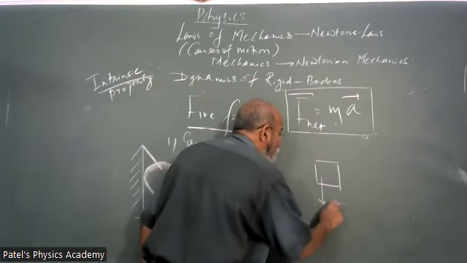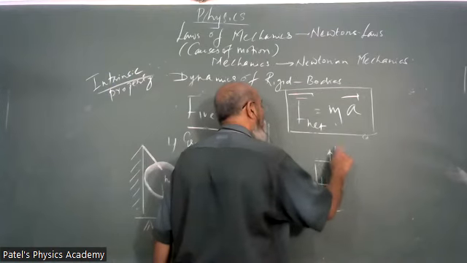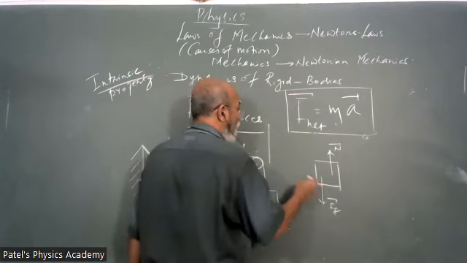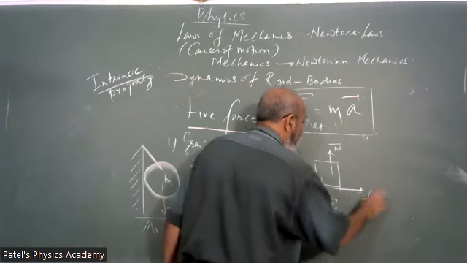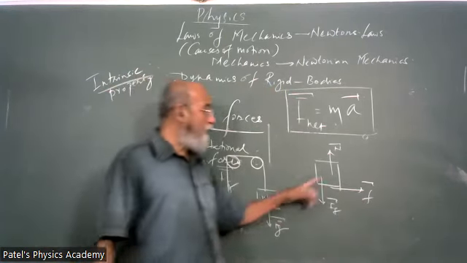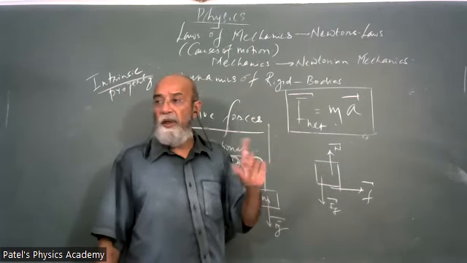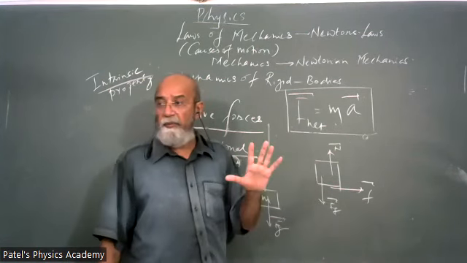Even if somebody shows it here, and somebody shows another force here, and the third guy shows a force here, it is understood. As long as it is touching this box, it's acting on this box. It is acting on the rigid body.